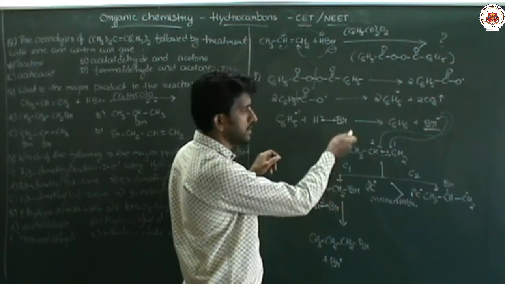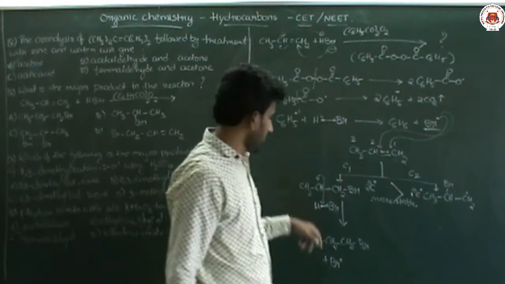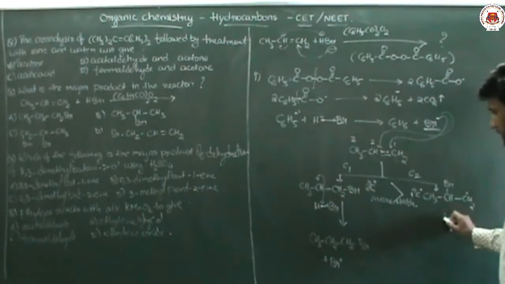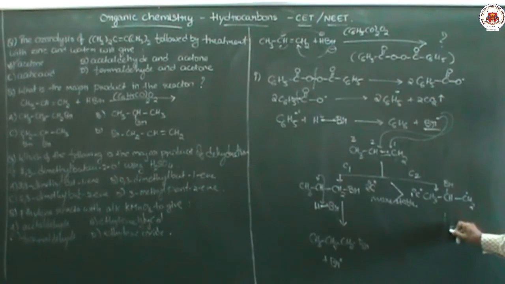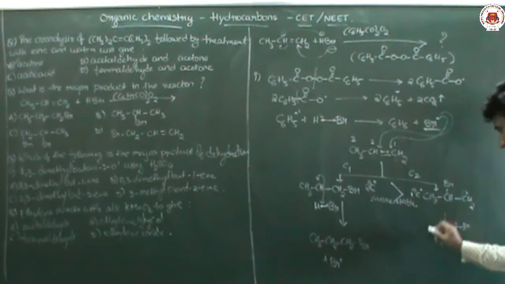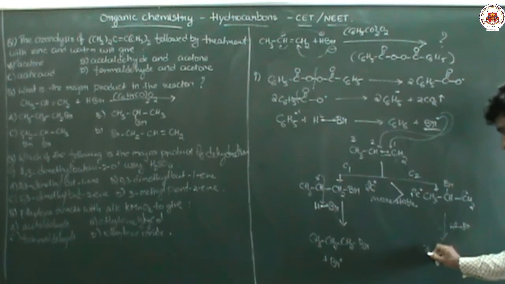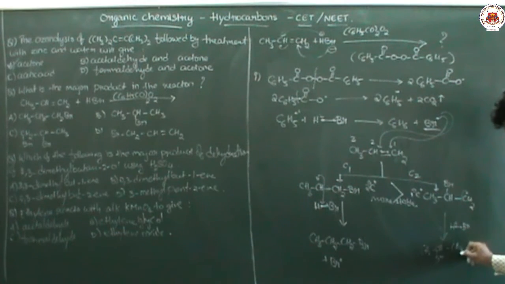This can initiate one more reaction. If this molecule reacts with HBr, then this one electron can react with the Br radical that is generated. So you get CH3, CHBr, CH3 plus Br.